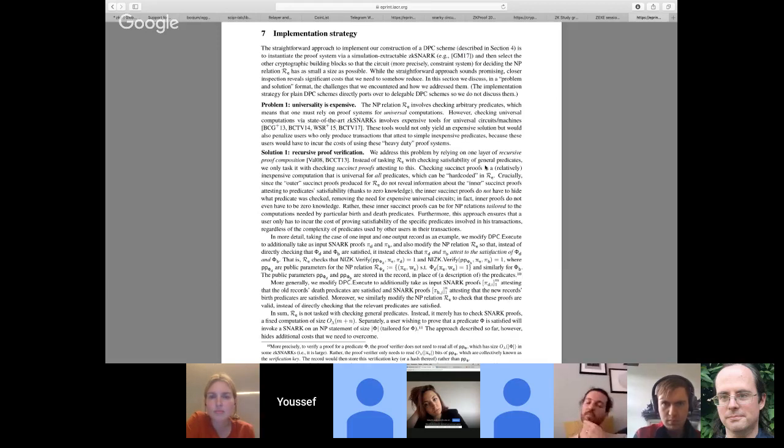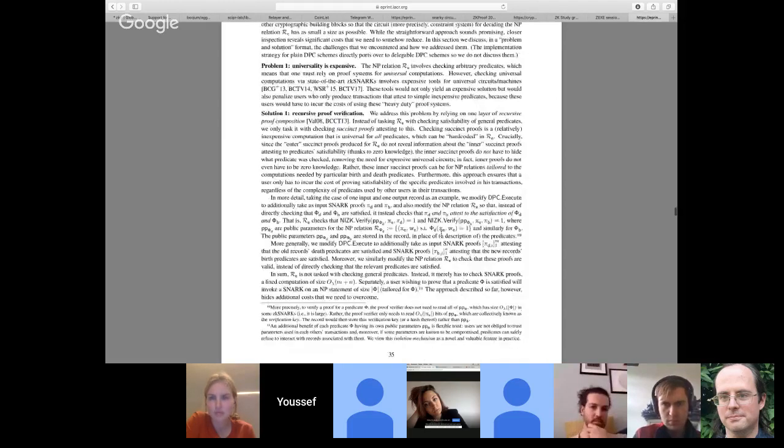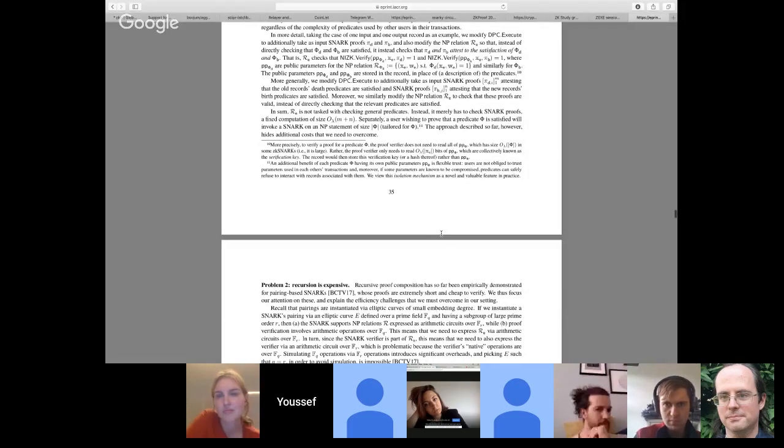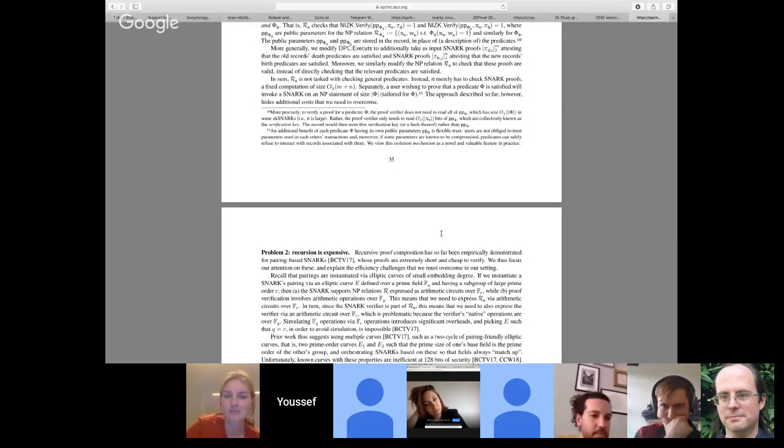So the solution is to do recursive SNARKs, recursive proof verification. But recursion is expensive because, as far as I know empirically, the only practical way to do this is using cycles of pairing-friendly elliptic curves. Because as we said, we do not have an elliptic curve that has a subgroup order equal to the field size.